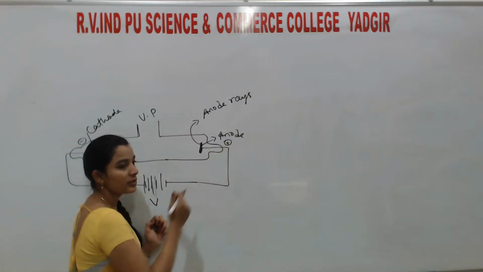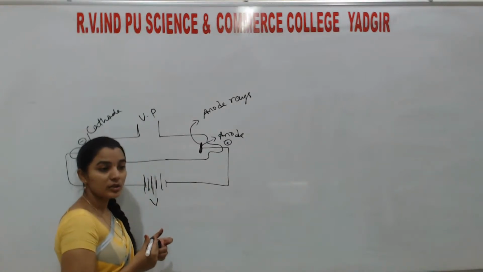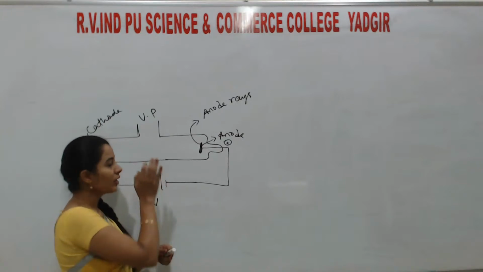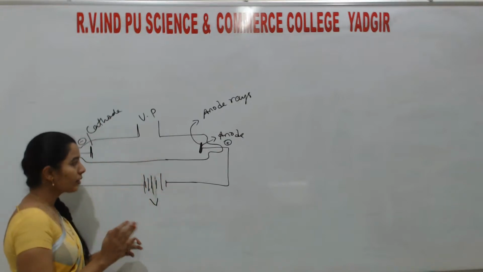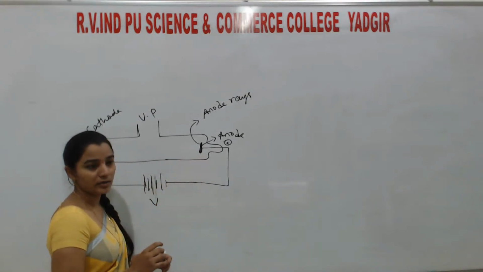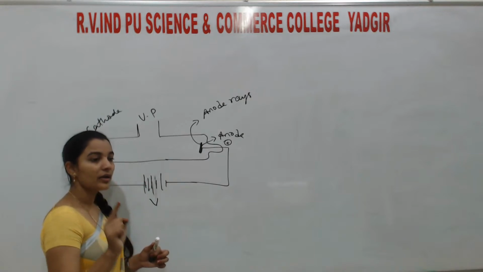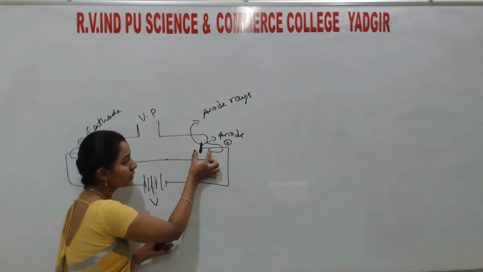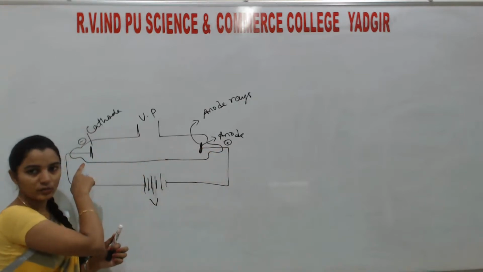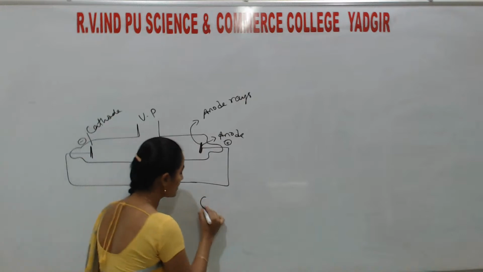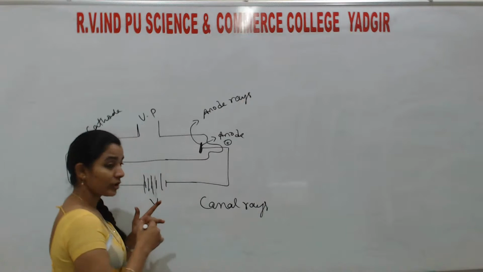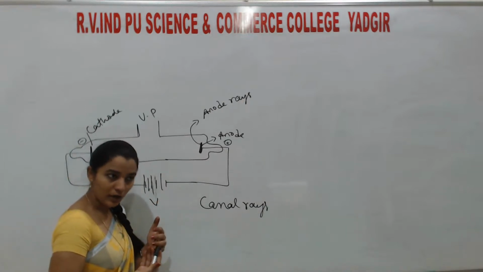So anode rays means the rays which are positively charged. They are also emitted from this to this, but the thing is, they are positively charged, moving towards the cathode from the anode. Those rays are called canal rays. So in yesterday's class, I mentioned that cathode rays are there, and at the same time canal rays are there.